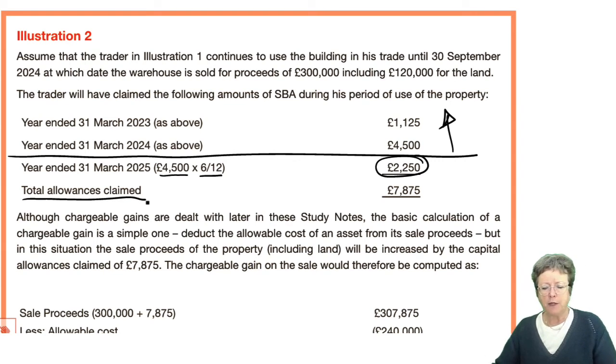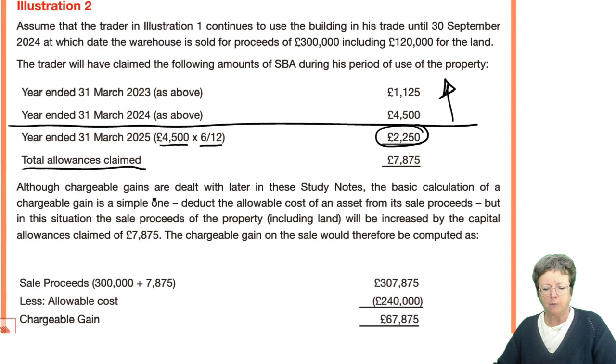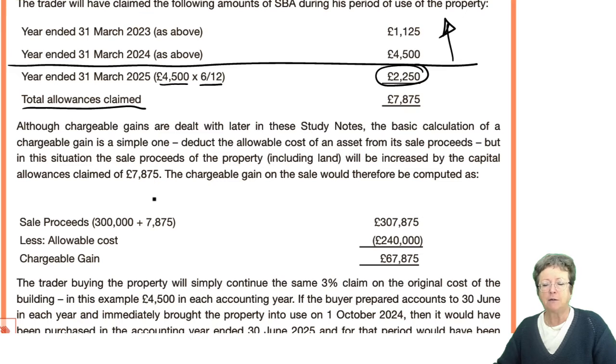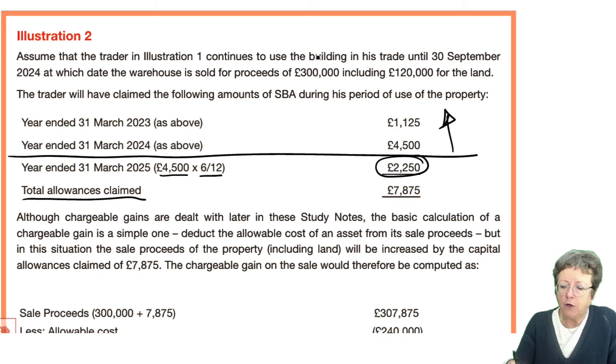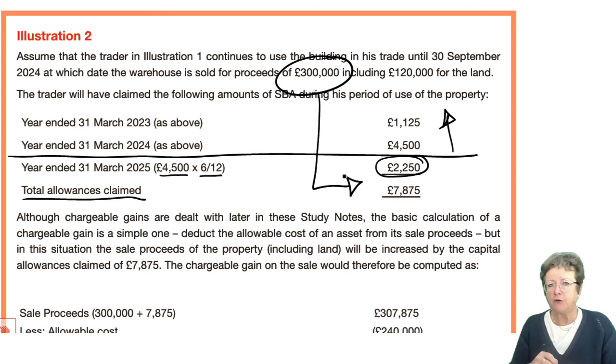Now, chargeable gains we're going to deal with later, but the basic calculation is proceeds less costs equals gain. So a gain would be the $300,000 that they got for it, plus those allowances. That's what the rule said.